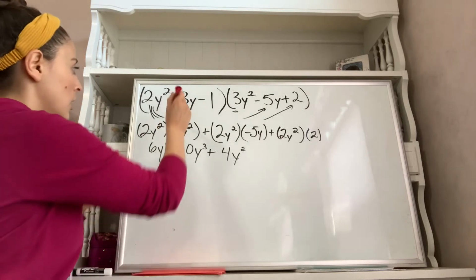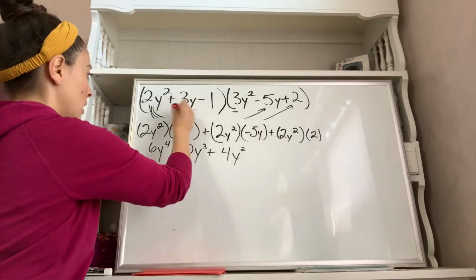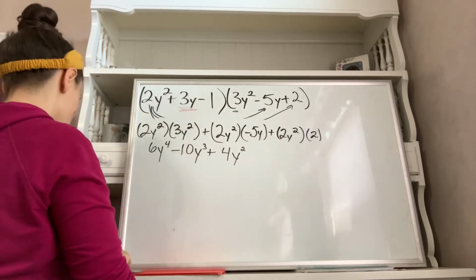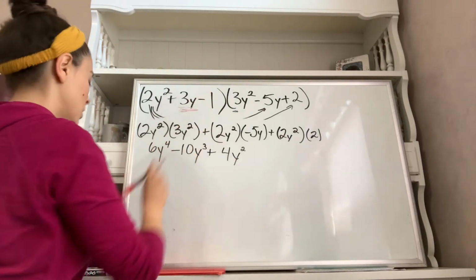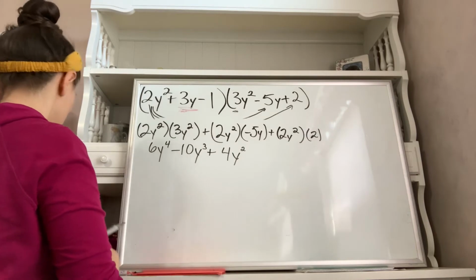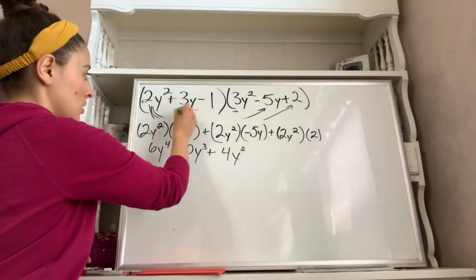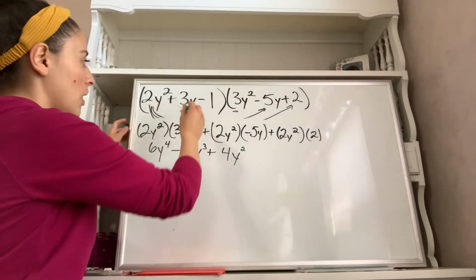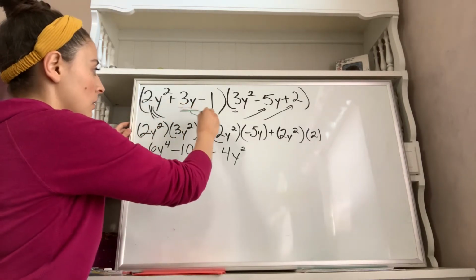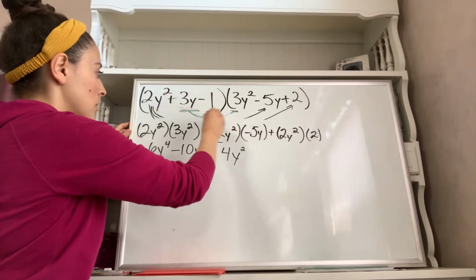Now we are focusing on, and of course, my red is now dying on me, so we're going to use green for this one. Okay, green for 3y times all of these.